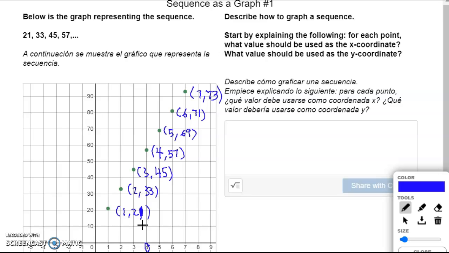Okay, so when you look at these coordinates, what do you notice? 1, 2, 3, 4, 5, 6, 7, and then the y value is increasing by 12, isn't it? Okay, so what do you think the x-coordinate is referring to? X-coordinate refers to the n value, isn't it? X is the n, which is the position or the term number.